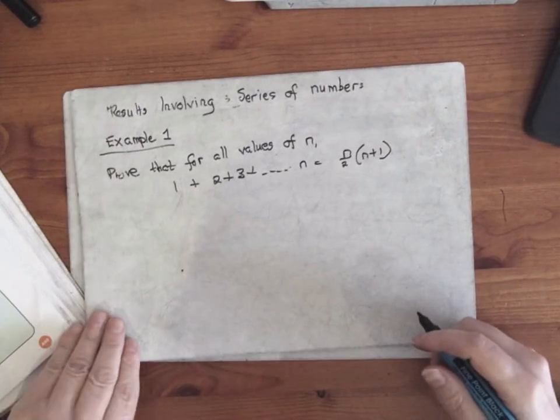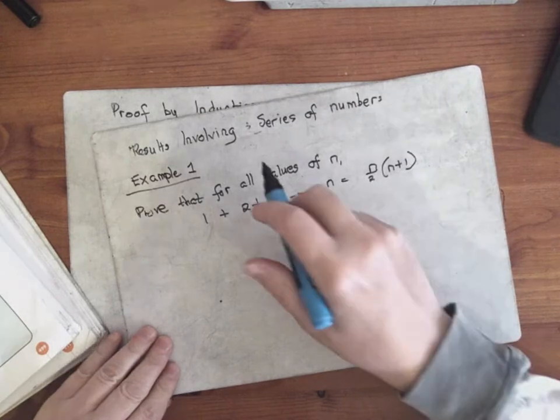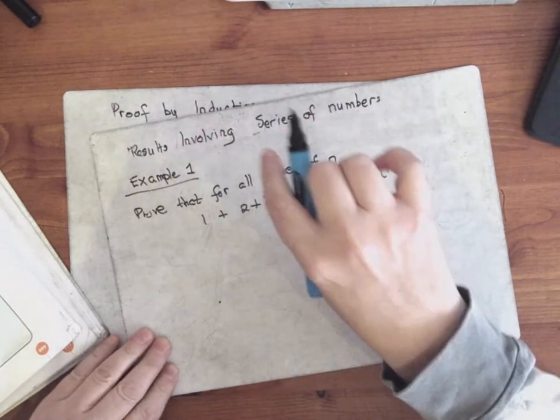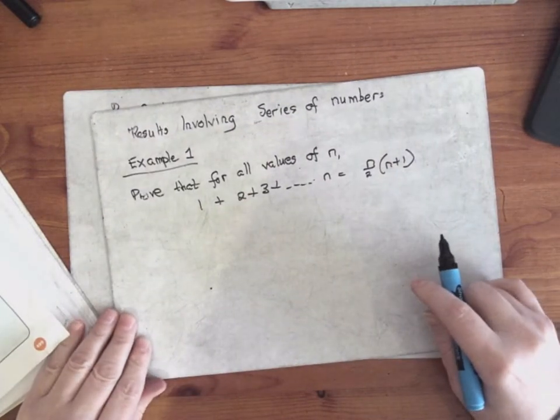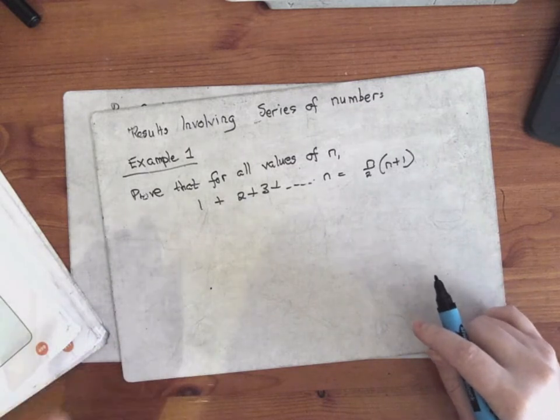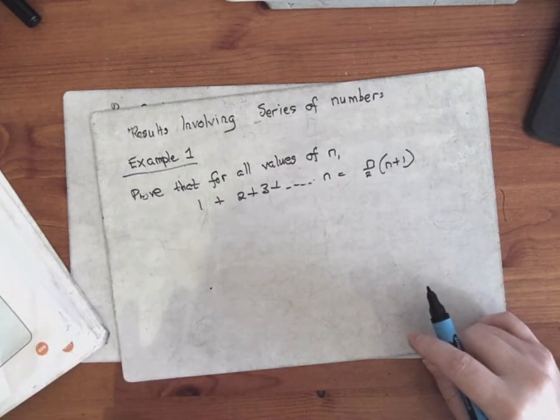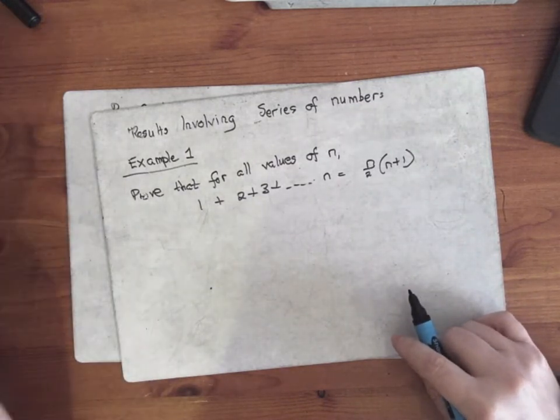Right, here's an example. This is results involving a series of numbers. This is the first type you may be asked to do. It'll sound like double Dutch for the first few, but after that you'll get into it.